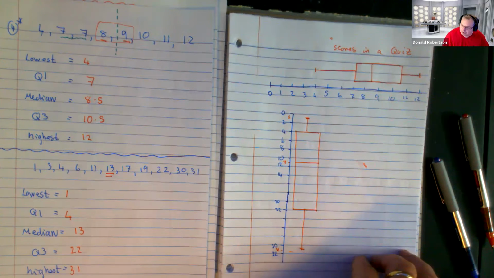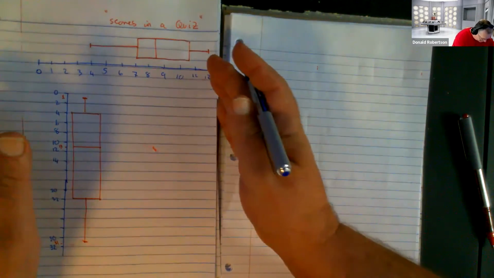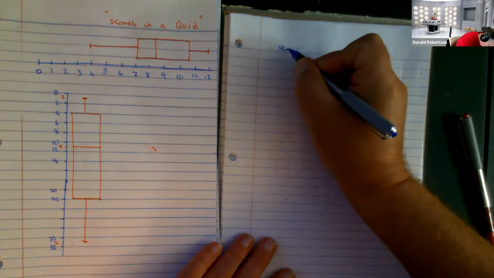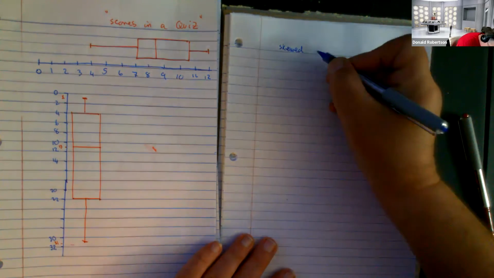Any questions? Right. Now, side issue. Let's suppose that we've created some box and whiskers. It would be nice if it was possible to answer a little bit about the most likely shape of the data.